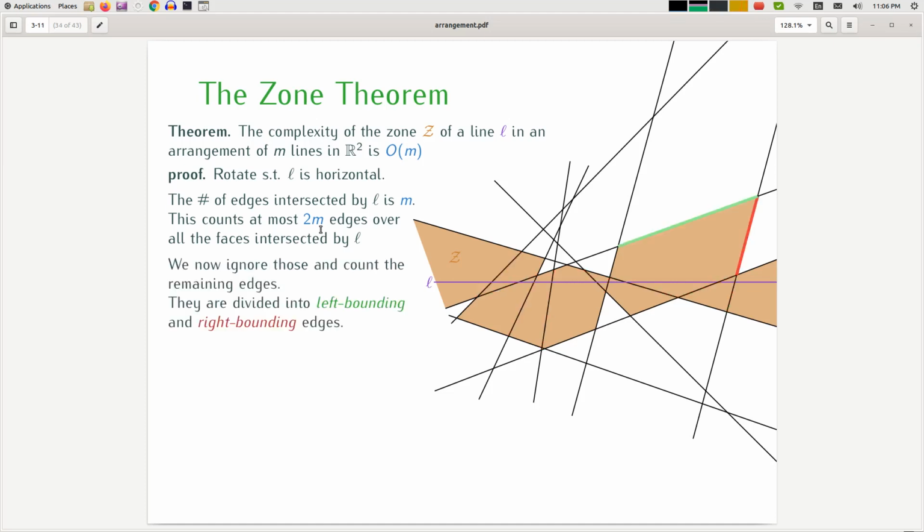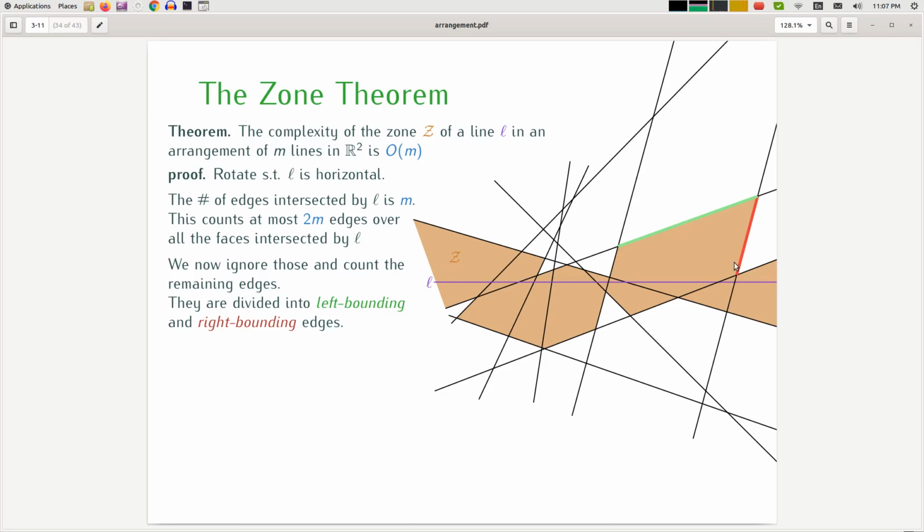So ignore those edges. Now the remaining edges, I can count them as either left bounding or right bounding edges. So what is the definition? The basic definition is that a left bounding edge is the left boundary edge, whereas a right bounding edge is a right boundary edge. So for example, this green edge is a left bounding edge because for this face, the edge lies to the left, whereas this other edge lies to the right, so therefore it's a right bounding edge.